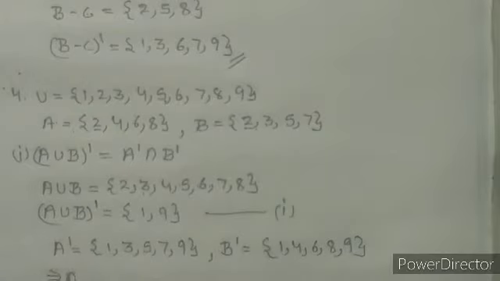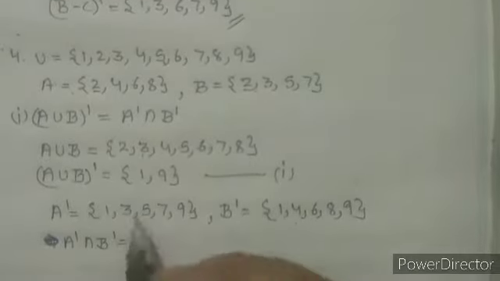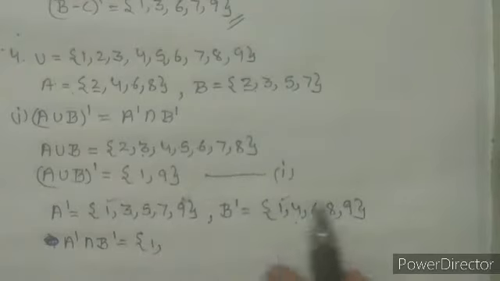Now A complement intersection B complement will be the common elements of A complement and B complement. Now the common elements are 1 and 9.